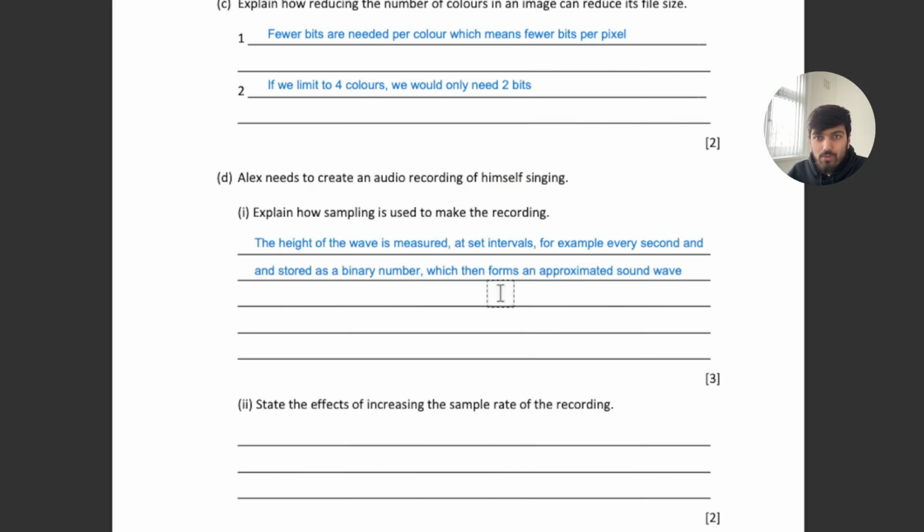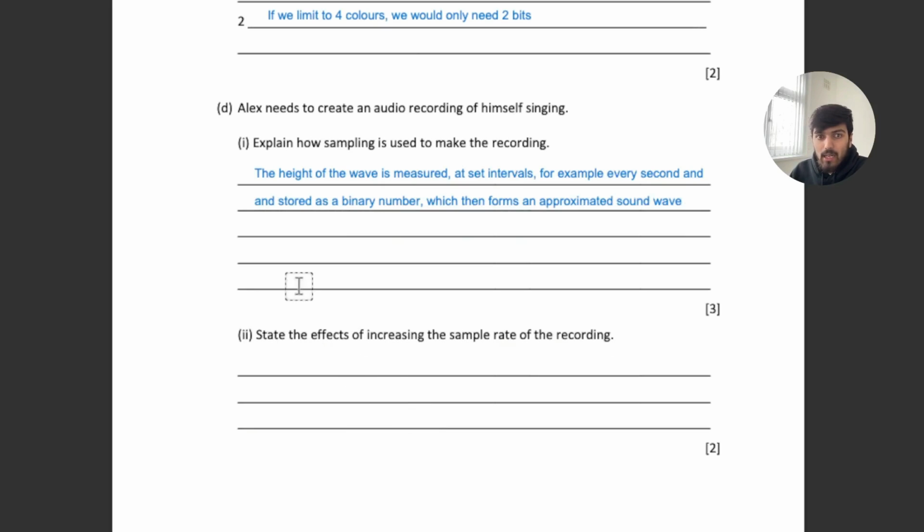This is what you need to talk about to get the full 3 marks. So the height is measured is 1. At set intervals, for example every second is your second, and it's stored as a binary would give you a 3rd mark. But we went the extra mile in case you missed this out. So ideally, you know what this is talking about.